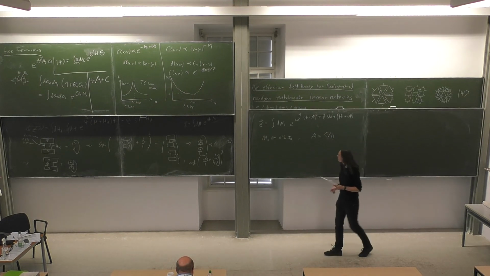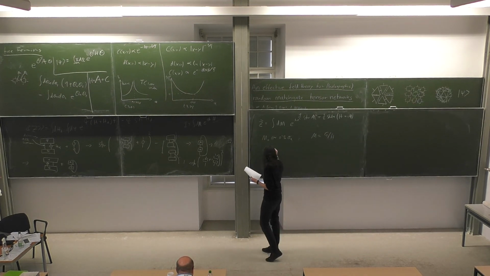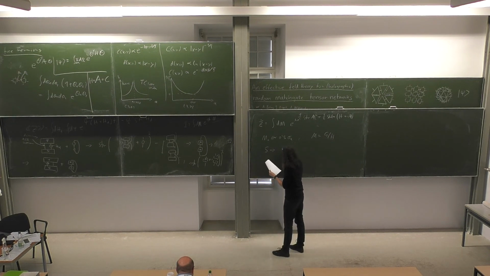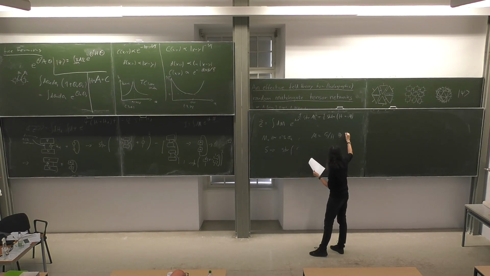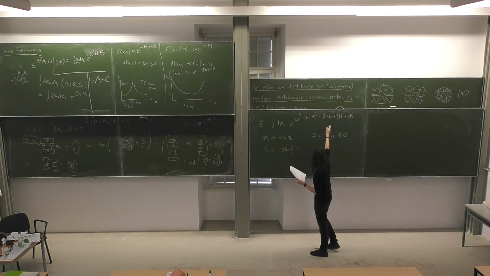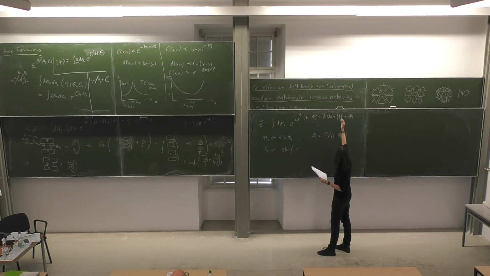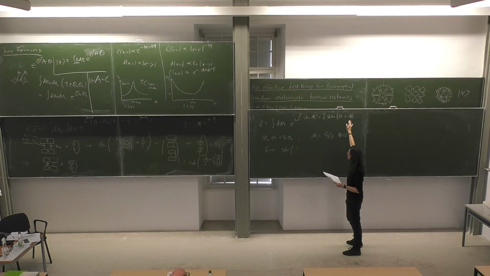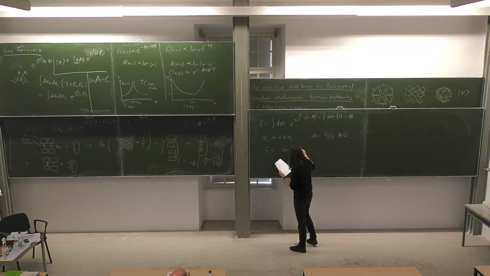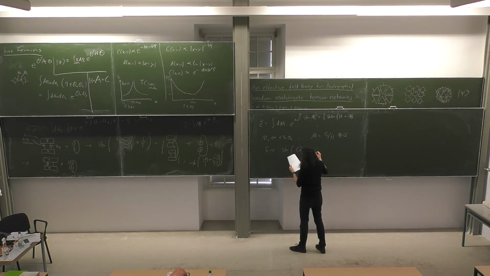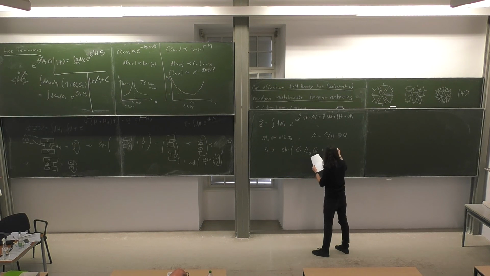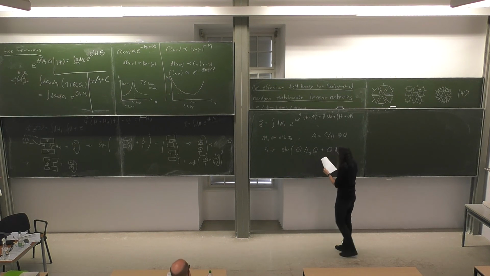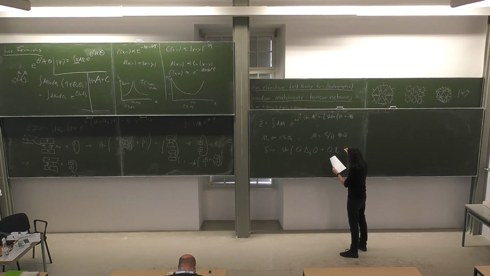And when we do this, skipping a few details, but this is just technical stuff, expanding this trace log and then performing a continuum limit. So at the end of the day, what we find is the following effective action.